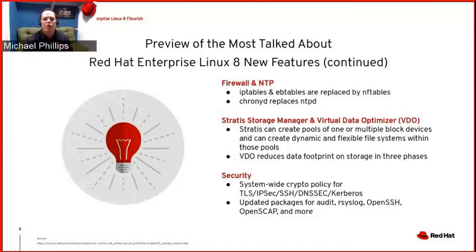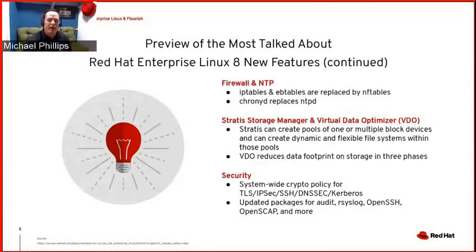Stratis reminds me quite a bit of Logical Volume Management. It has the ability to create pools out of one or more block devices, okay? And within those pools, it has the ability to create dynamic, flexible file systems. So again, to me, very similar in some ways to Logical Volume Management.